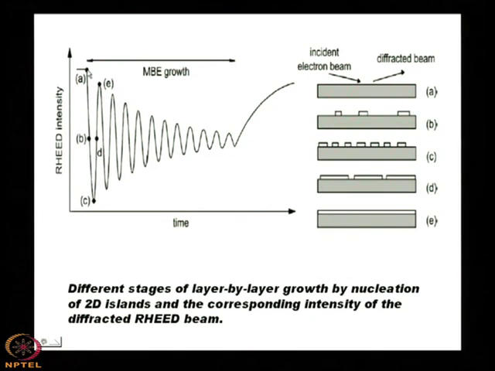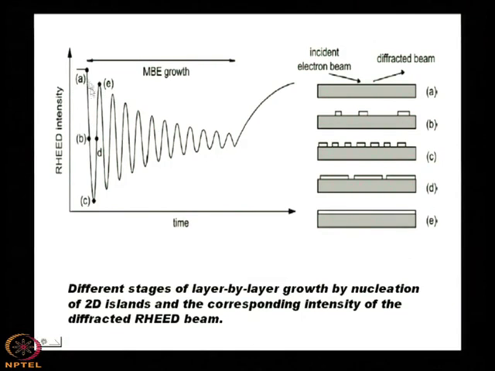Then some island types of growth are there, B, nucleation. Then more nucleation sites are there, point C. Then some of the nucleation sites form a layer type of growth, D. Then a full layer is formed, E.